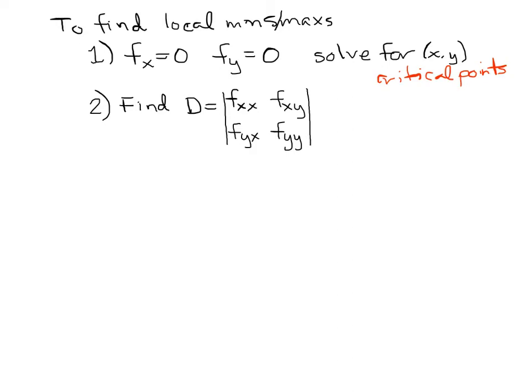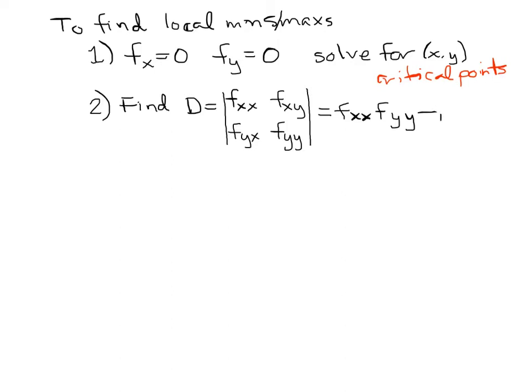All right, so now here's how you find this determinant. It's like taking a cross product. You multiply down, so that is f sub x times f sub y, and then you subtract when you multiply up. So same as finding that cross product.